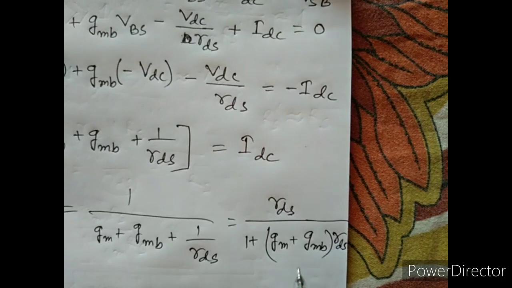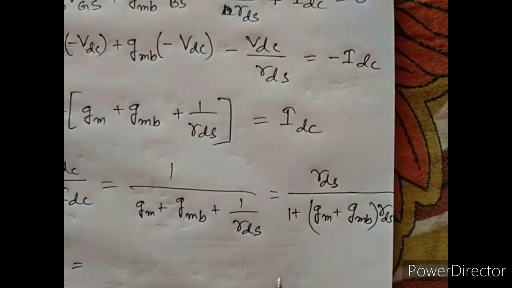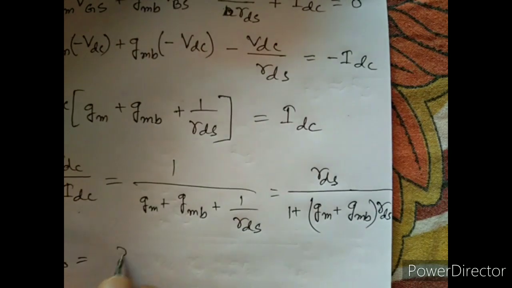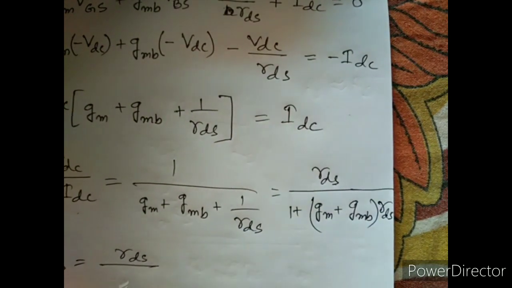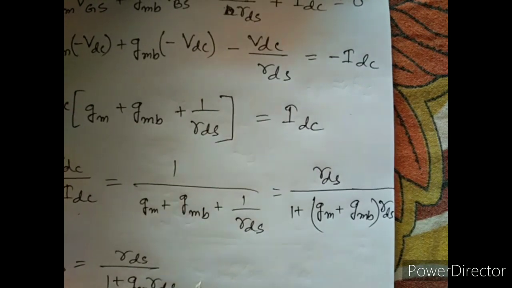Okay, that's the result. So if we neglect the body effect, then Zout equals rds by 1 plus gm rds.